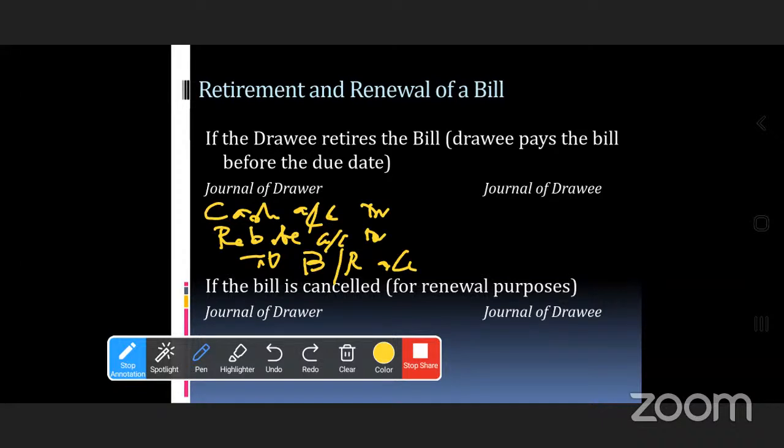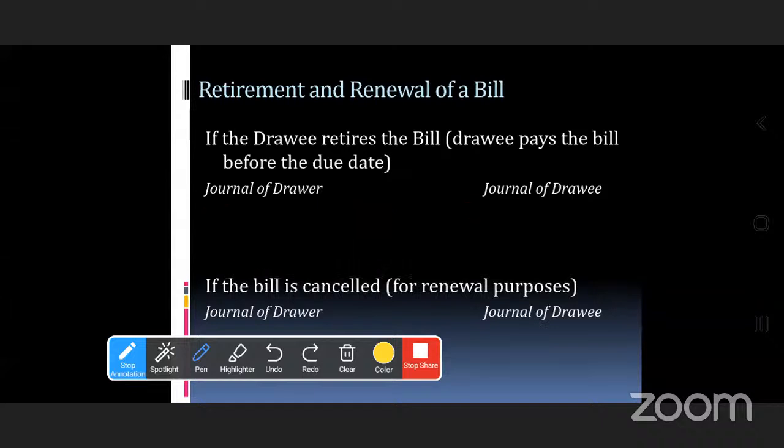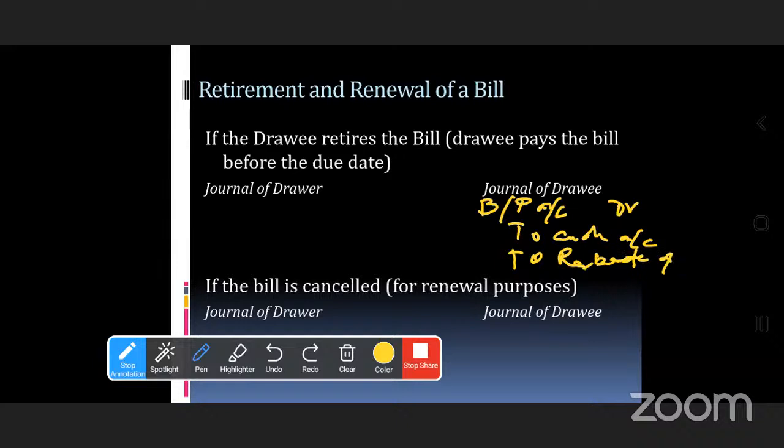And coming to the books of the drawee, here bills payable account debtor to cash account, to rebate account.